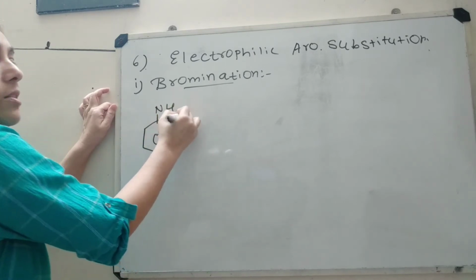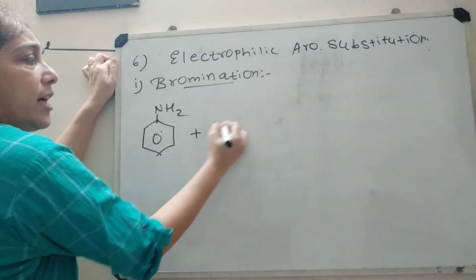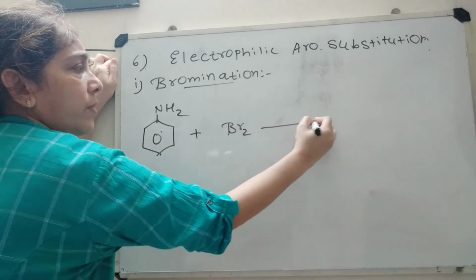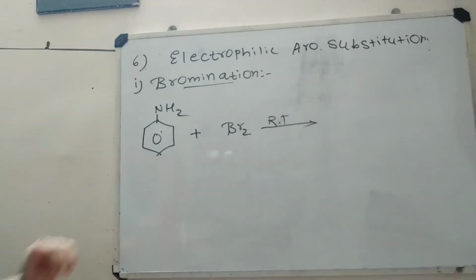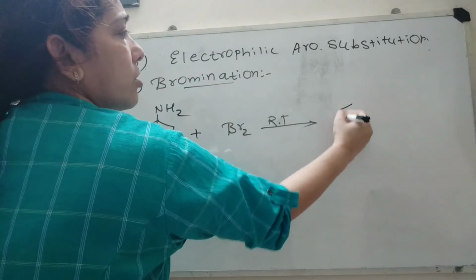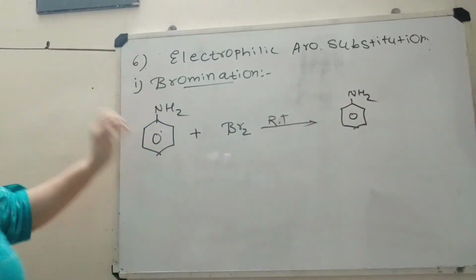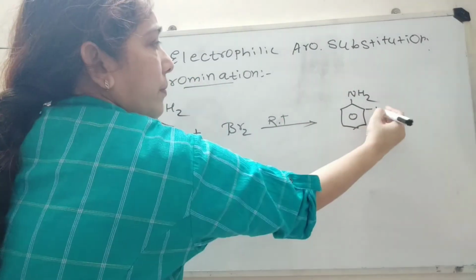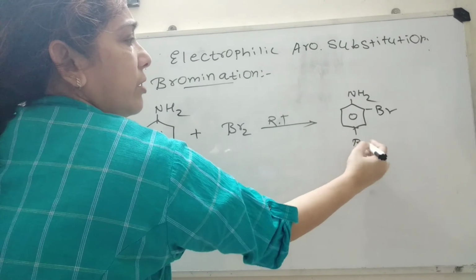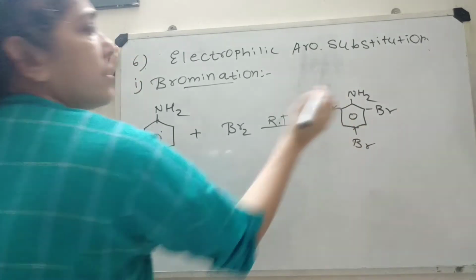this is the aniline structure. When it reacts with bromine at room temperature, it forms the white precipitate of 2,4,6-tribromoaniline. Now the 2,4,6 structure: second position, fourth position, and sixth position.